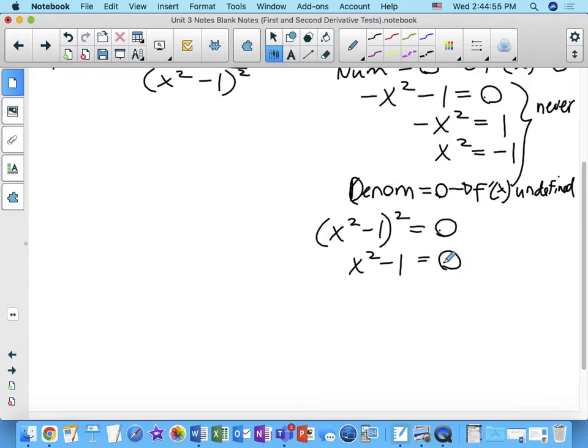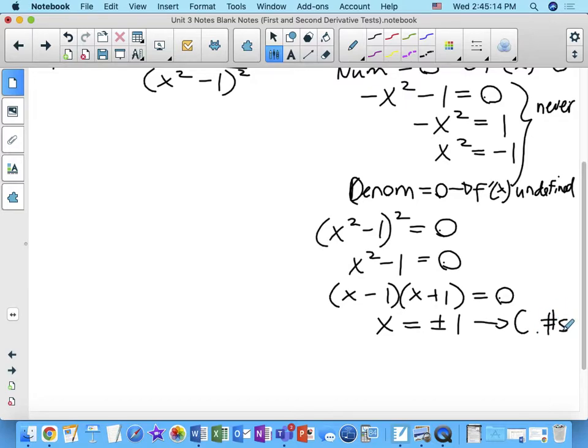Okay, what would x have to be? 1 or negative 1, yeah. So x equals plus or minus 1 are the critical numbers. Okay, so we've got negative 1 and 1.